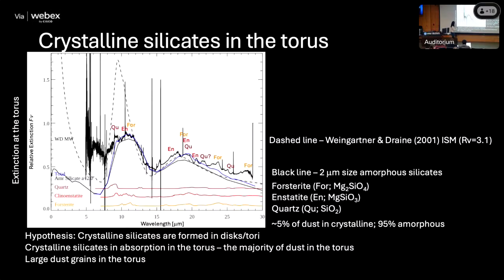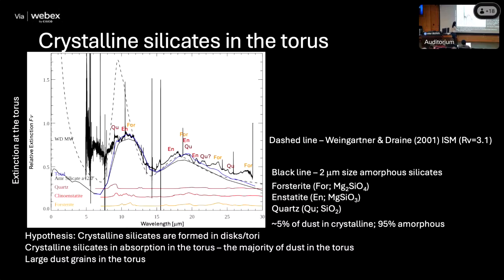To fit this one, this particular calculation uses 2 micron size amorphous silicates. So it seems like this disk actually contains a large amount of large dust grains rather than a typical ISM grain distribution, which contains a lot of small and large dust grains. On top of that, you can see small features there.